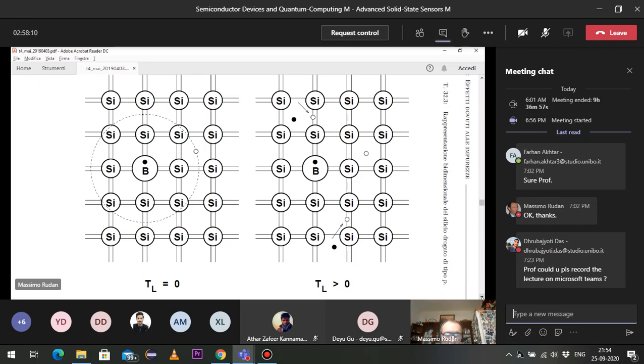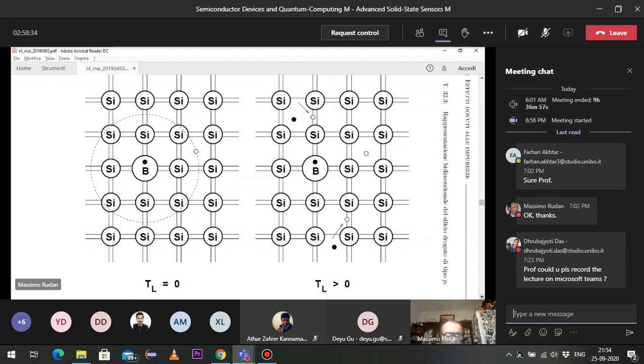So boron, it's like creating 1 electron that is used to complete the bonds with silicon, but boron is neutral, so it must also create a hole. So you see, this is purely qualitative description, of course.